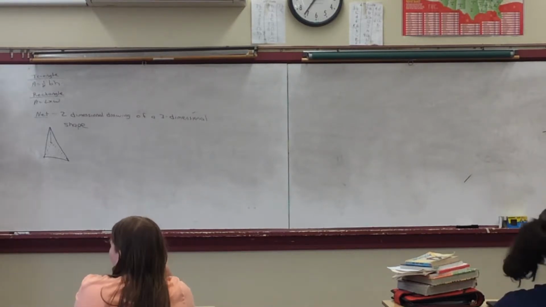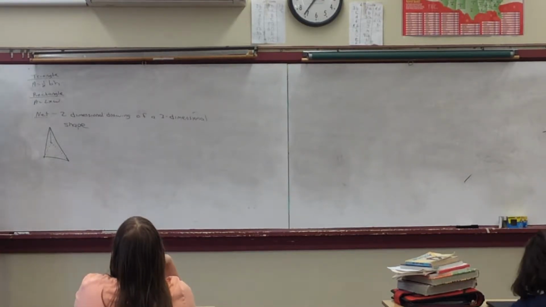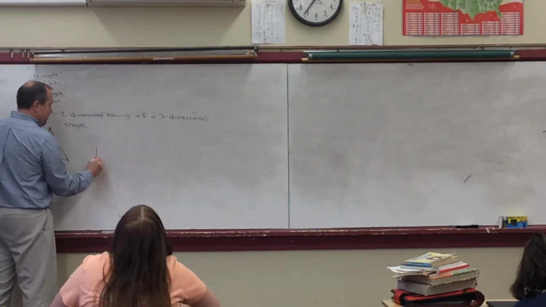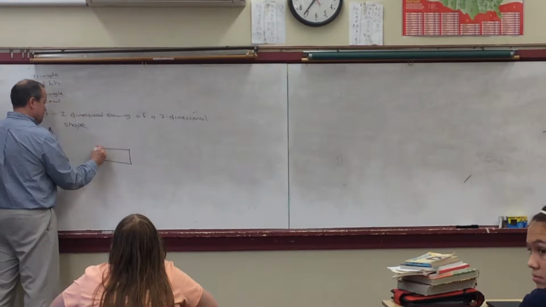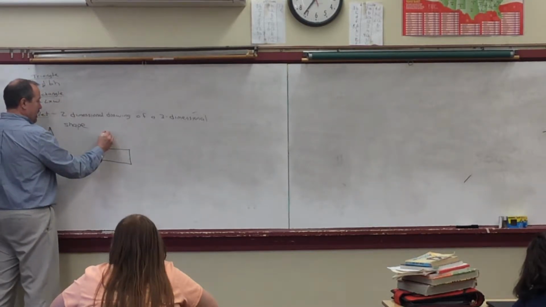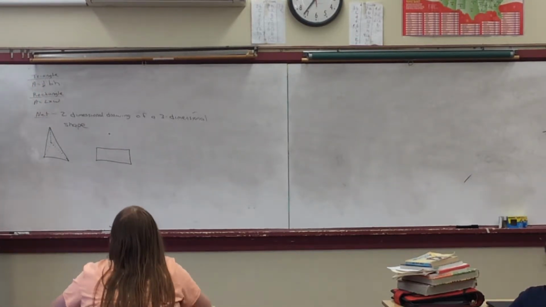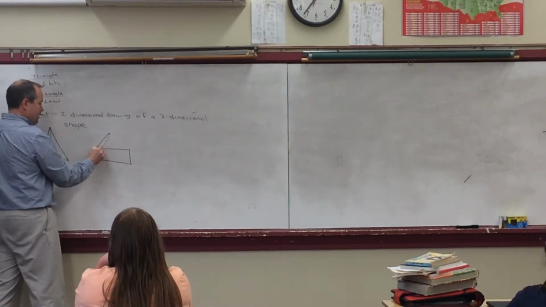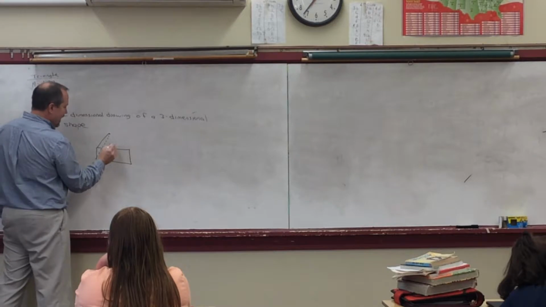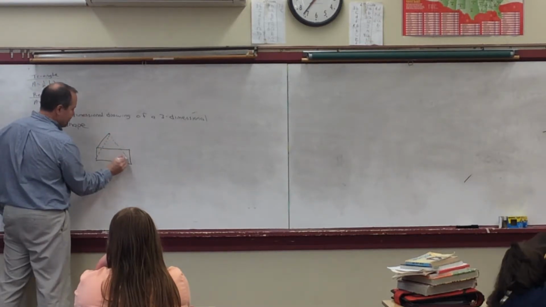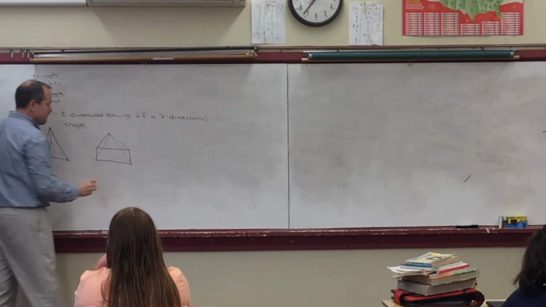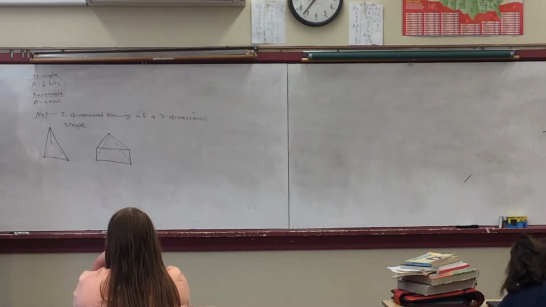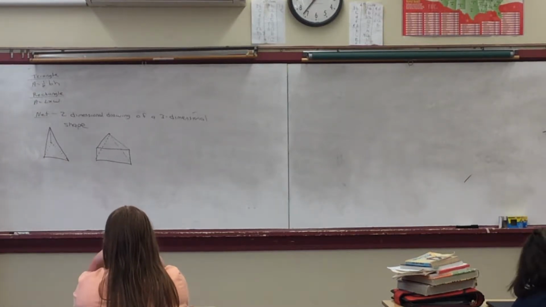Okay? If we want to draw a rectangular pyramid, all we're going to do is draw a rectangle. We're going to put a dot above it. And we're going to take this dot and connect it to the 4 points of the rectangle.